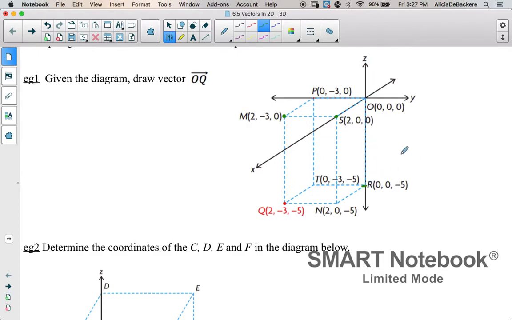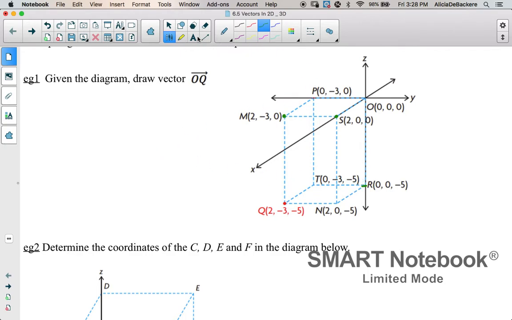So this movement here is a distance of 5 units down on the z-axis. Notice that these points do not line up, and that's because this one has also moved forward towards me, as well as horizontally to the left. So I've got a bunch of different movements here. It doesn't line up with this point here.